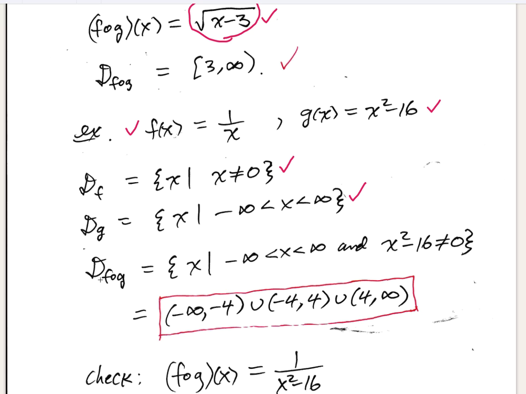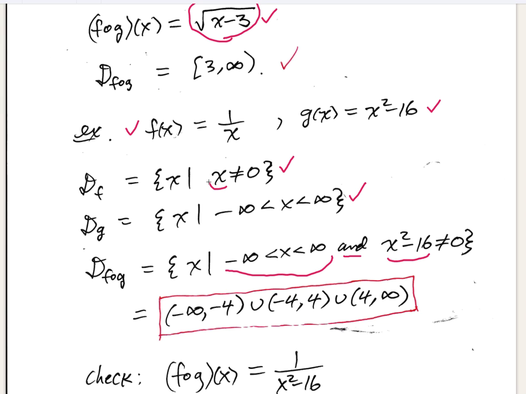The domain of f composed with g would be the set of all x such that what? x is an element of the domain of g, so that means x is just a real number again. And it has to satisfy that g of x, which is x squared minus 16, is not equal to 0.